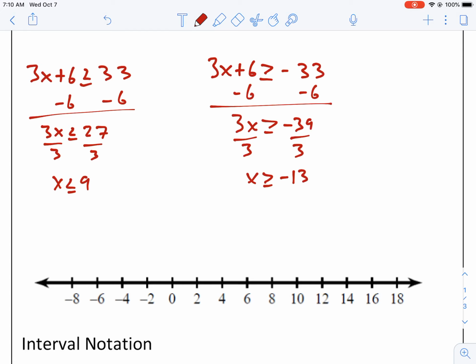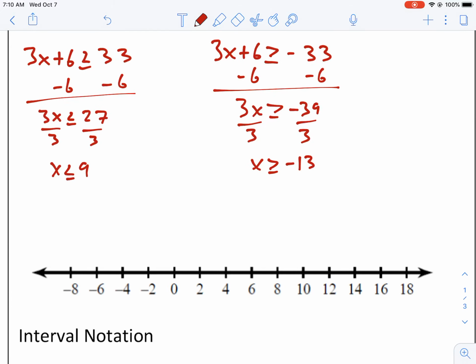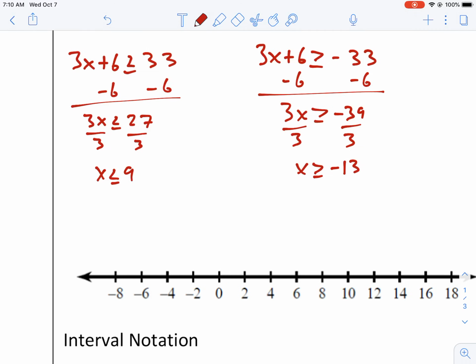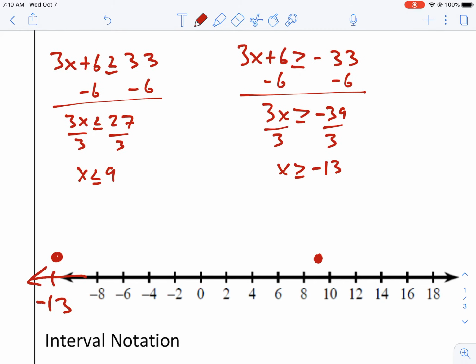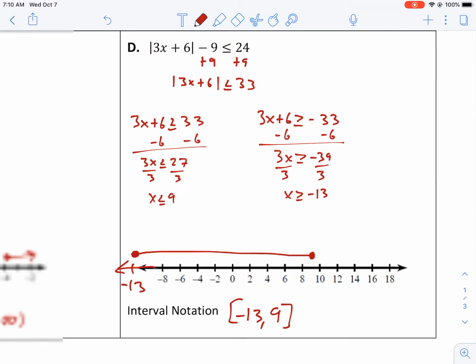So if I did something wrong, message me and let me know. All right, let's do this. Negative 13. So we got a closed dot there. We've got a closed dot at 9. And we draw our lines in between. So we've got negative 13 to 9.